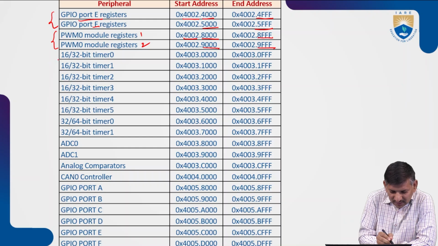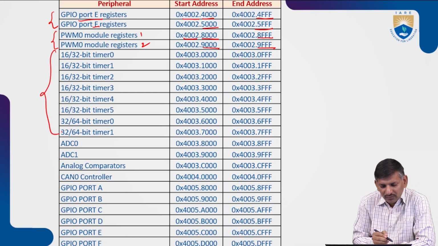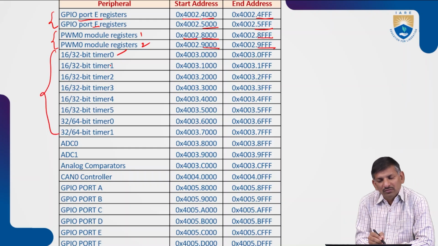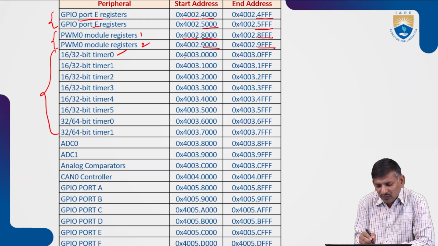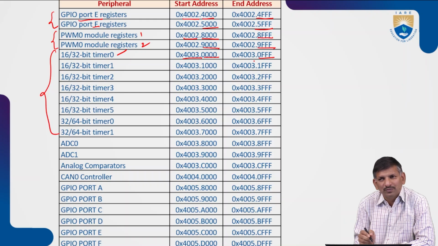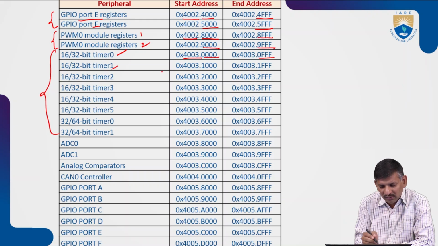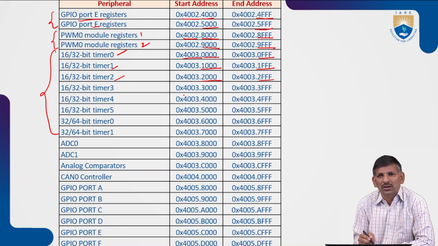Coming to these timers, timer 0, the address range is 4003 series 0 to FFF. Timer 1, 1000 to 1FFF. Timer 2, 2000 to 2FFF.